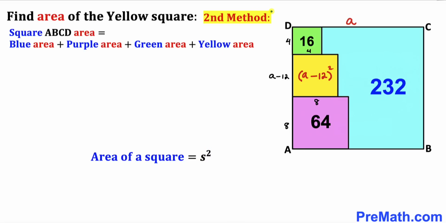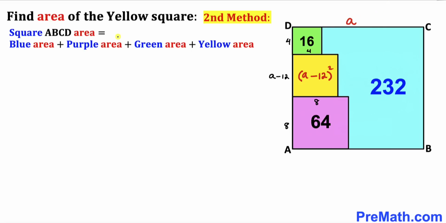So in this second method we are going to be using once again the very same equation. The area of the square ABCD is going to be equal to the blue area plus the purple area plus the green area plus the yellow area. And this time the area of this square ABCD is going to be the square of this side, that is going to become a squared.